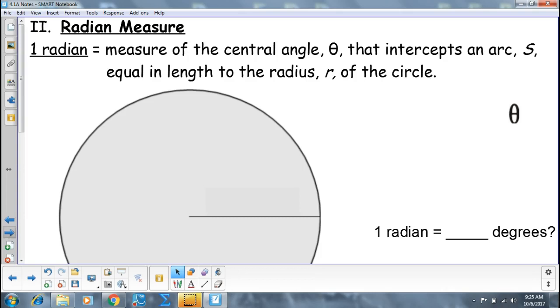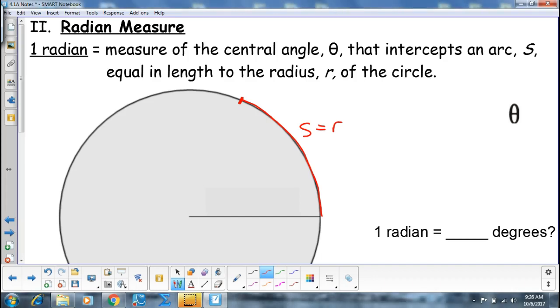So what's happening is you've got this arc length right here, and we'll call that S. And that arc length S is equal to the radius. Okay, it's the same distance. So if you were walking along the circle, you would walk a distance of r.